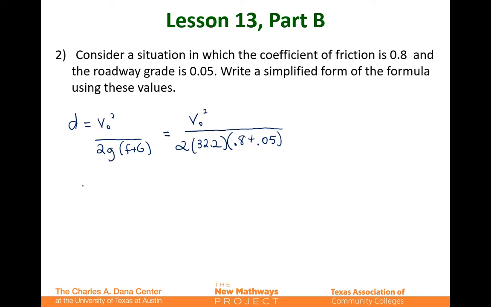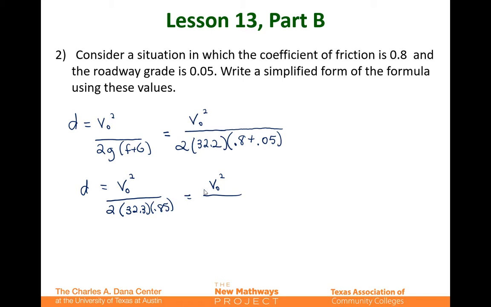So now we could actually say that our distance just depends on the initial velocity squared. I can work out the rest of this. That's 2, that's 32.2, that's 0.85, or use a calculator and multiply.